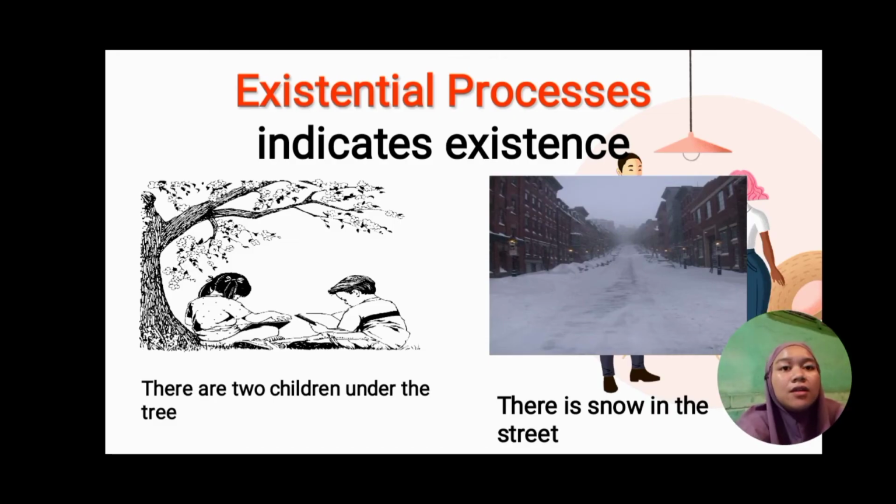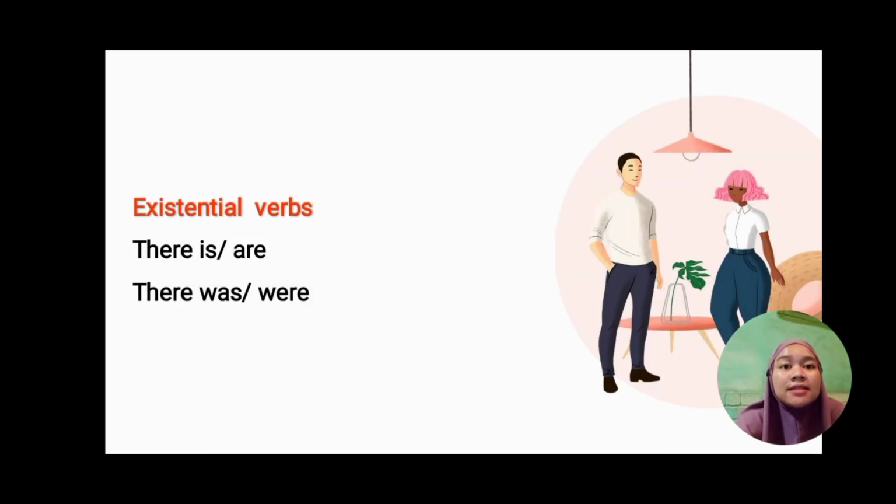So here I would like to continue the presentation about existential processes. Existential processes represent that something exists or happens. For example, you can see on the screen, there are two children under the tree. So this represents something that exists in the sentence. Next, existential verbs.